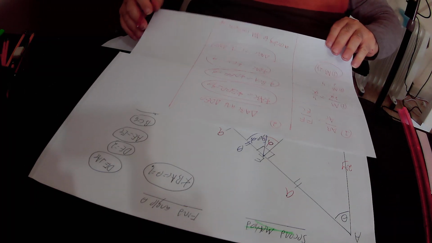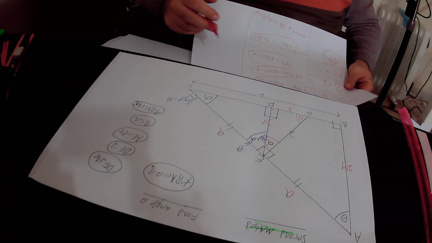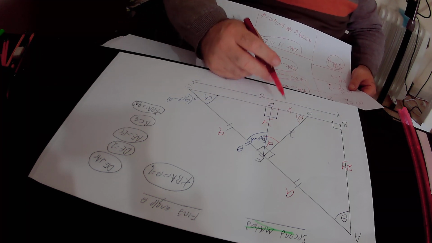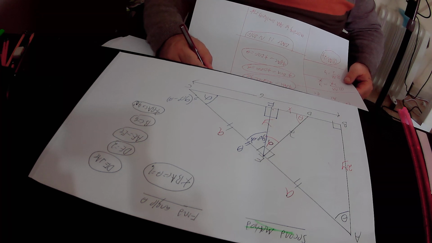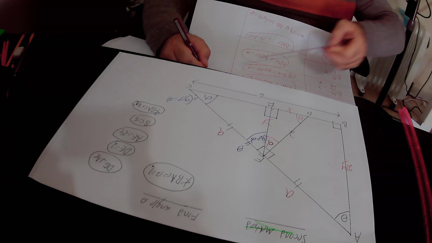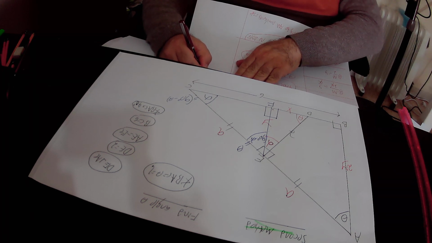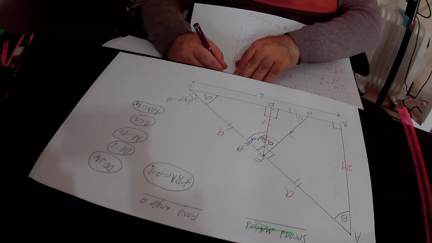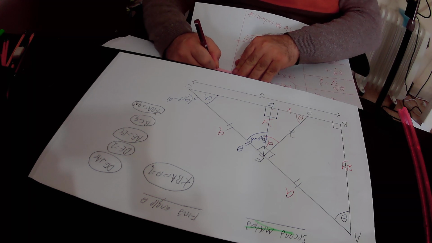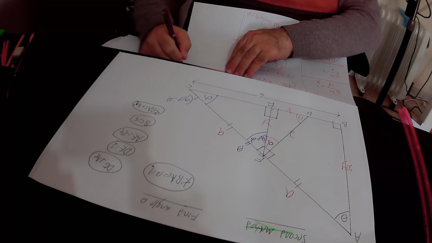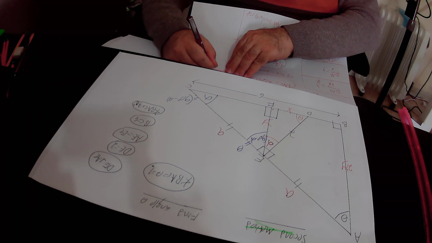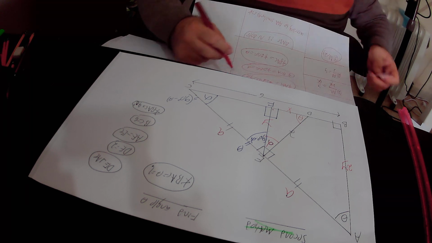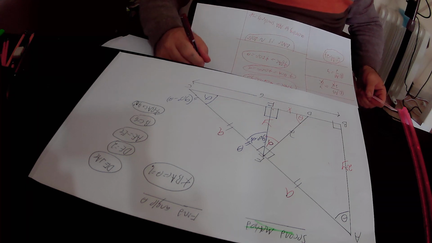And from the fact that the right big triangle ABC is similar to the right small triangle EFD, we will conclude hence that AB over BC, this will be equation number 2, AB over BC is equal to DF over FE.